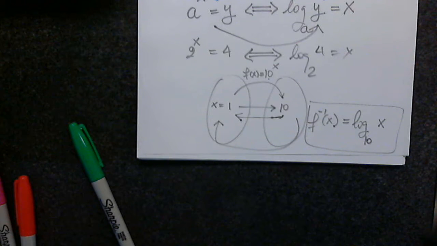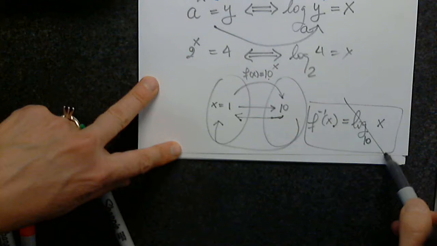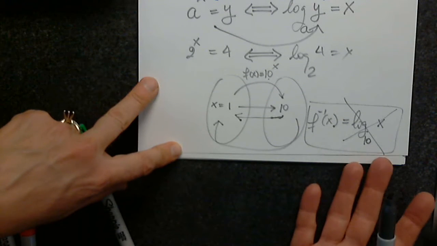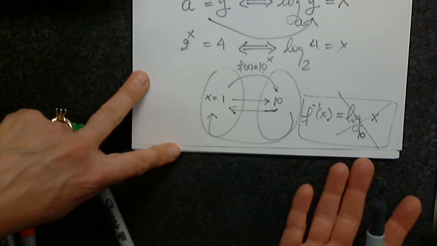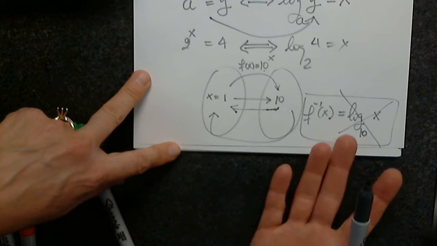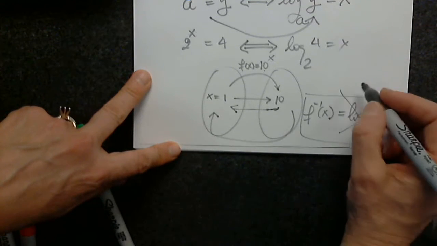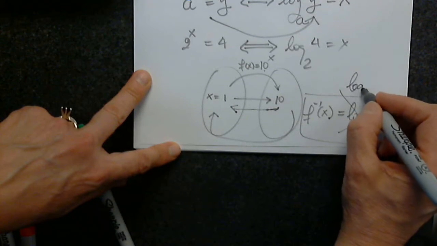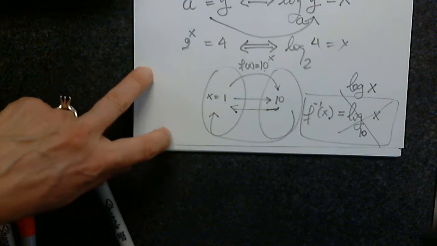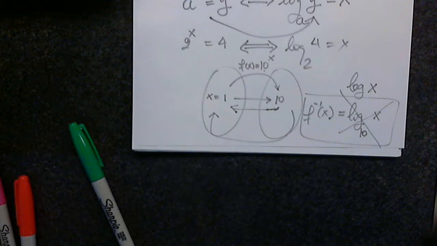One is called common if it has base 10, and the other one is called natural if it has base e. Perfect. So we will not be using this notation. Nothing wrong with it. I'm not going to take points off if you write log base 10. But we write it like in the calculator, log. And it is assumed that it's base 10.